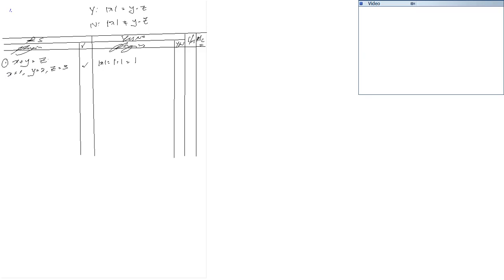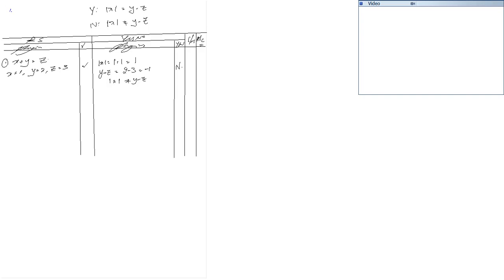And y minus z, which they are asking, is 2 minus 3, which equals minus 1. Here mod x is not equal to y minus z. Therefore, what am I getting? No. I'm getting just a no.